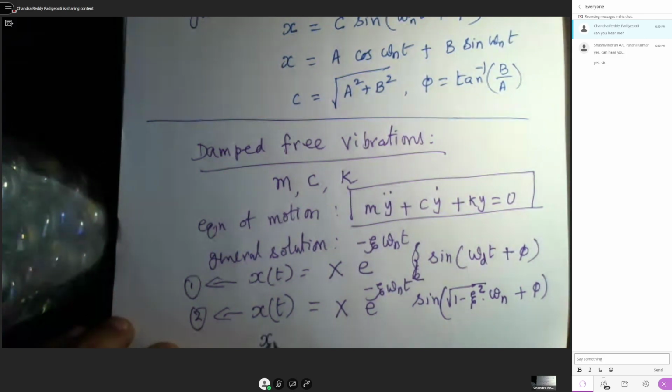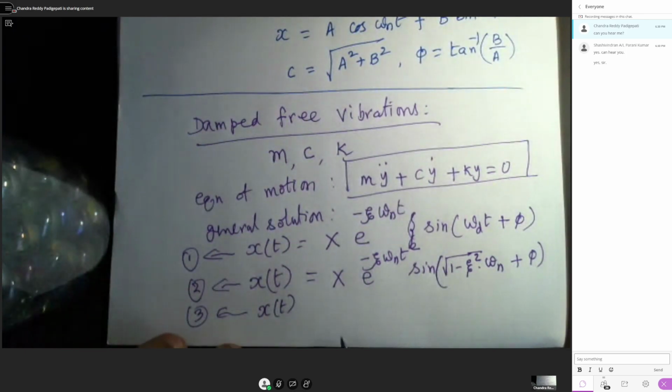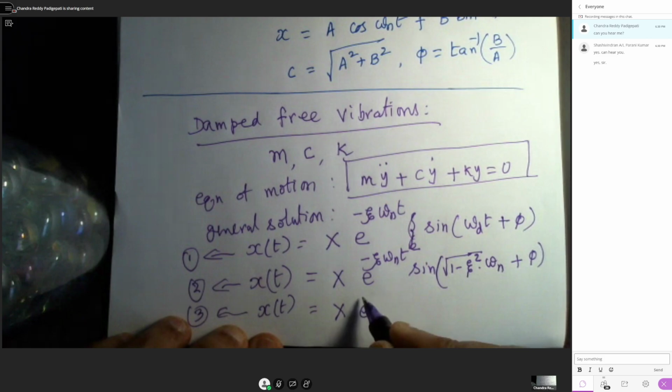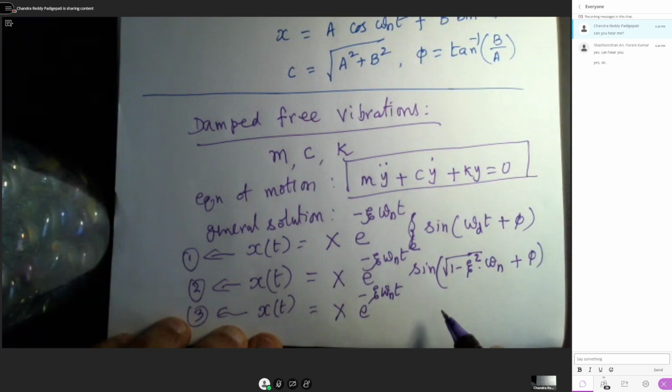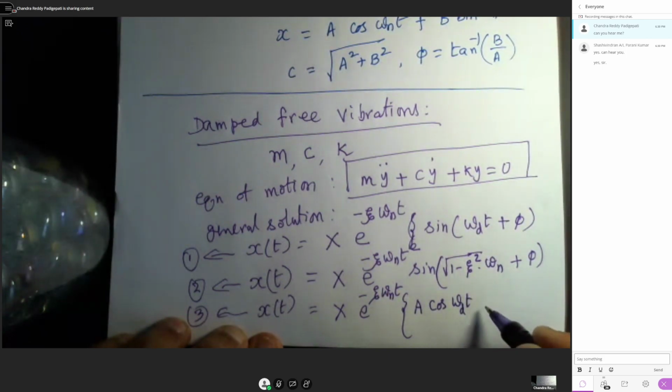We can also write it in a slightly different format, including both cosine and sine terms. You can consider this the third form. Again we write the amplitude, or the maximum displacement, exponential power minus eta omega n t, times a constant A cosine omega d t, where omega d is the damped frequency, plus B sine omega d t.